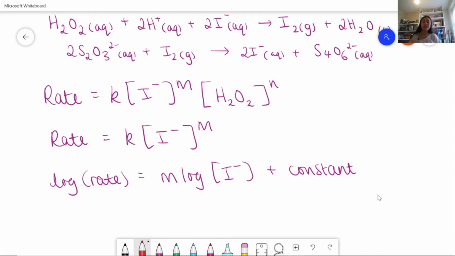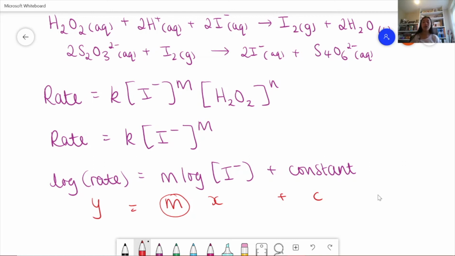So if we say this is y, and then we have mx plus c, that means that we're plotting a graph of log rate over log of the concentration of I minus. And so this m here will be the gradient, and this will also give us the order with respect to I minus ions.